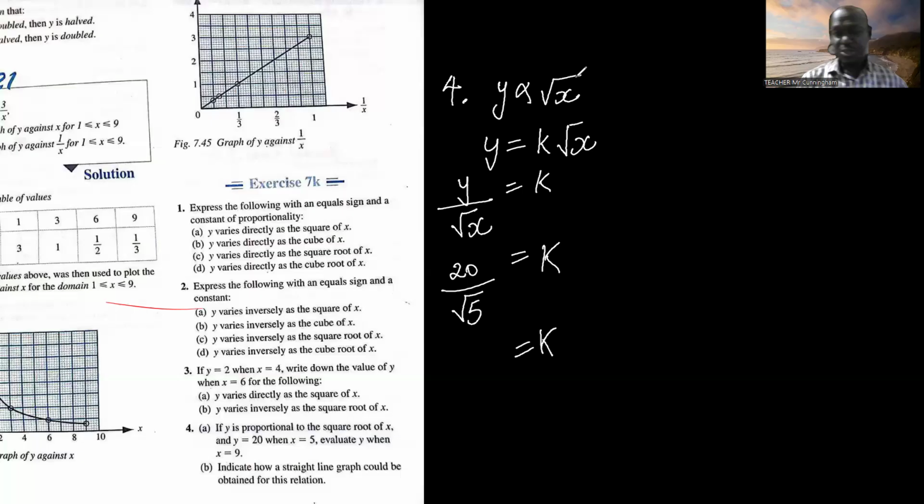Right, Julia, that's correct. So our value for k is 8.94. I helped you all out.